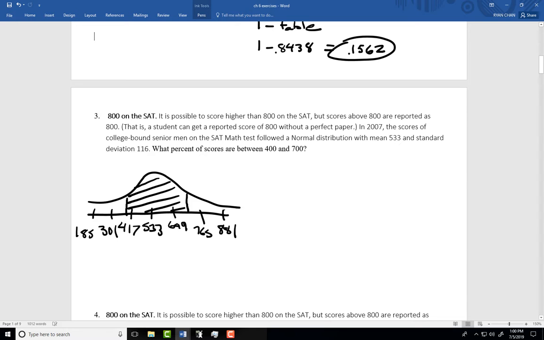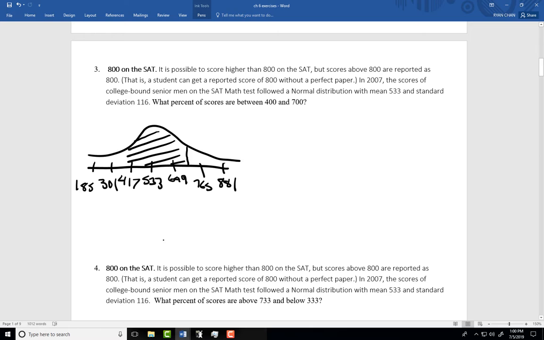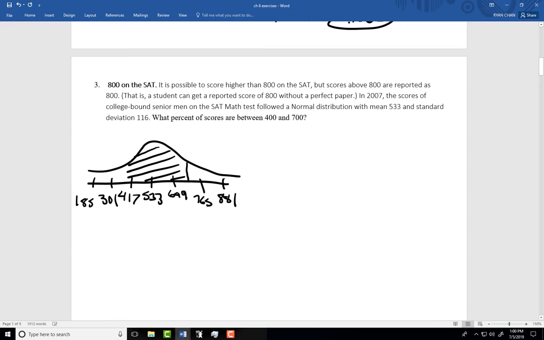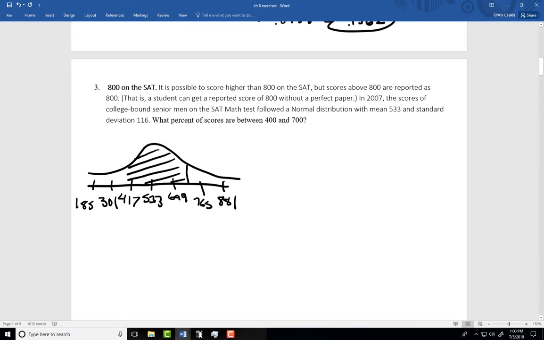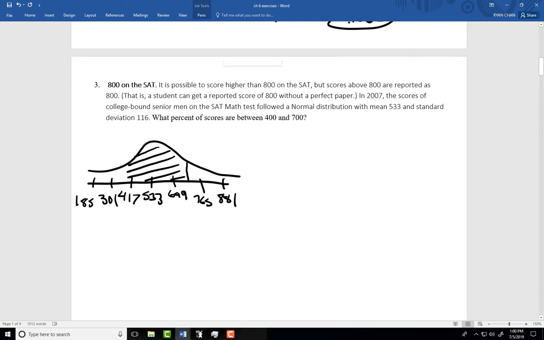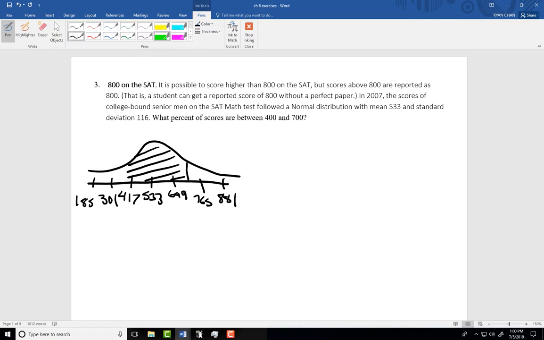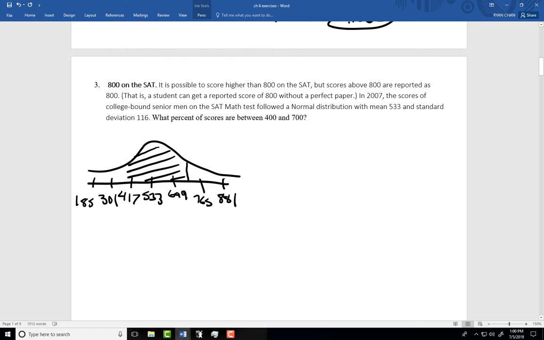This is kind of a trickier one. I'm going to give myself some room for this. When you're doing this, let's talk about how we find an area. You're going to actually find two z-scores. So I have a z-score at 700 and a z-score at 400.